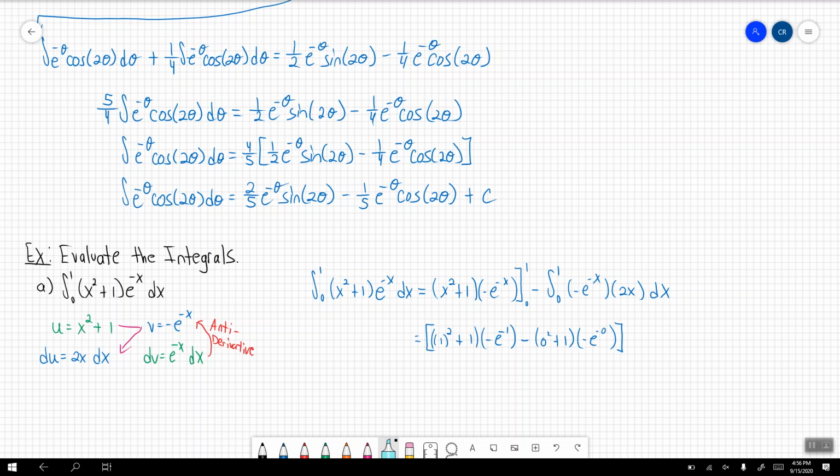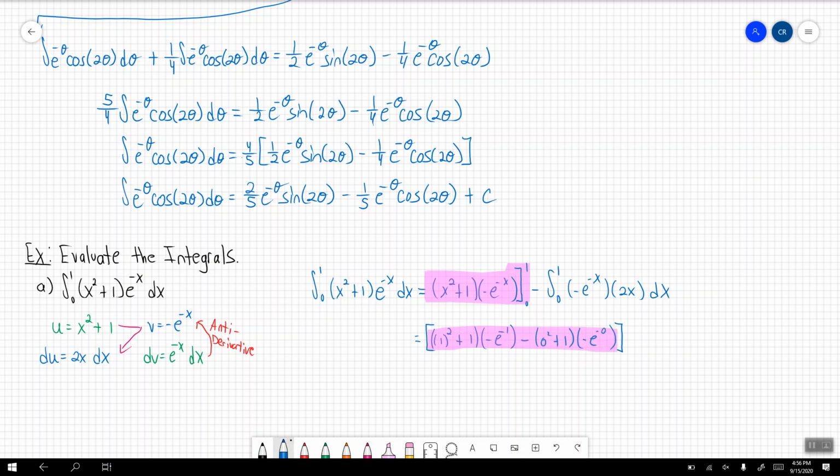There we are. And so again, this first piece, when we wanted to evaluate it, is right in here. Great.